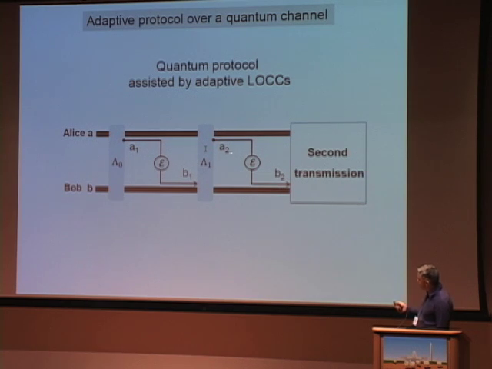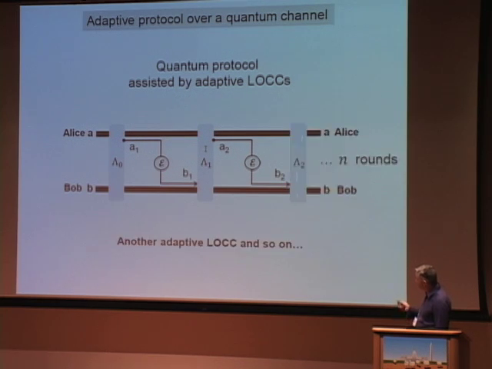That is the second system picked by Alice, sent through the channel, another output, another LOCC, and so on. So it's transmissions between two LOCCs. The channel is unidirectional. I mean, this particular example is one direction, but it doesn't have to be.